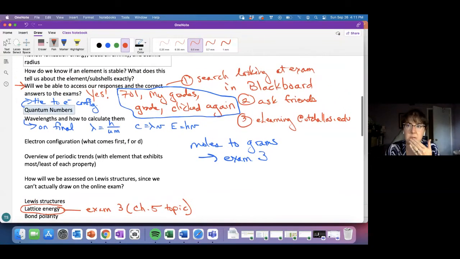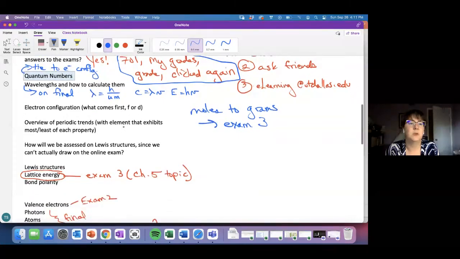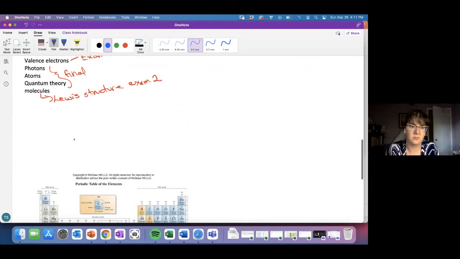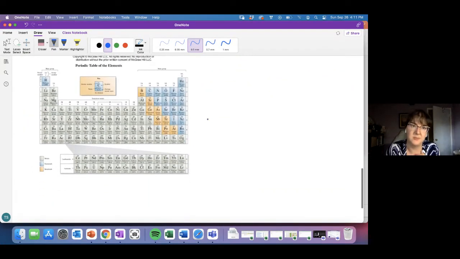So I'm going to go ahead and take just a little bit of time to start talking about quantum numbers. I'm going to take a break in about 4 minutes, but we can go ahead and show you how quantum numbers tie into electron configuration. So for example, got periodic table. Oh, it's like I planned this.